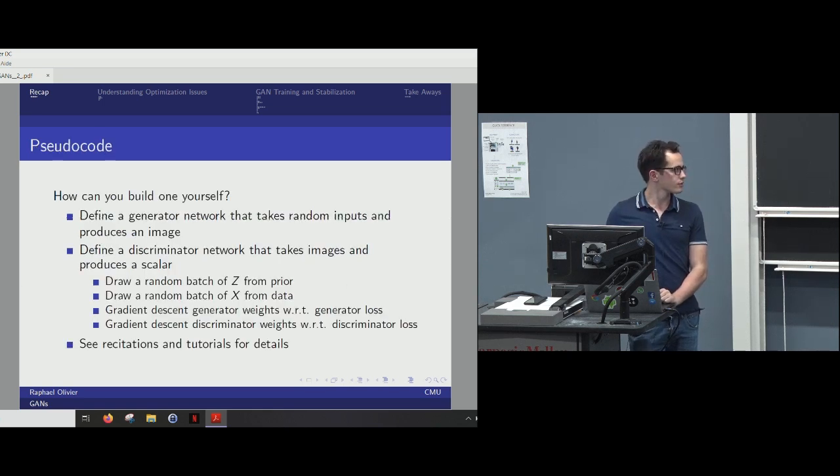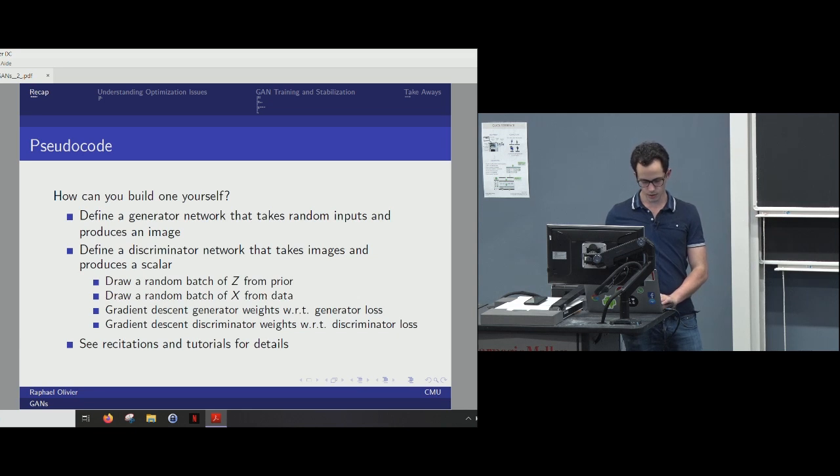If we restrict ourselves to what you've already seen, if you were to build a GAN, the way you would do it is you define a generator whose input is a random input of a dimension that you specify, and you make it so that it's going to produce an image, for example, of the dimension that you desire. You also define a discriminator network that takes images and produces a scalar. The scalar is meant to be the divergence that we talked about.